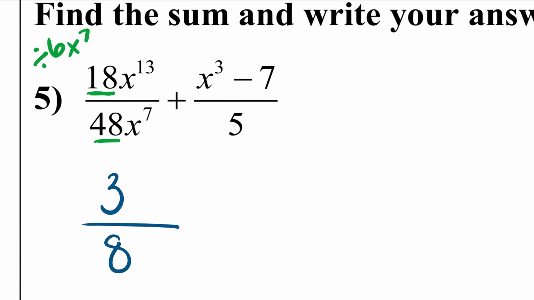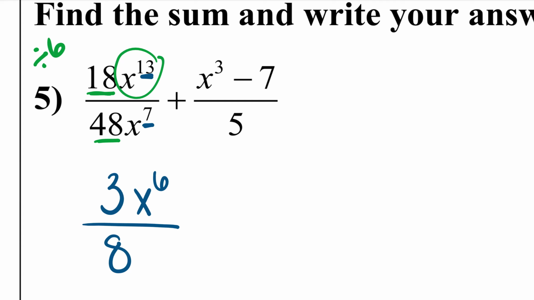Okay, so I reduce the numbers, and then the x's, I can think of it as a GCF, or the other way is fine. The top is bigger, so I know it stays on the top, and I subtract. 13 minus 7, that gives me, what, 6? Right? Okay, that's right. I hope it is.